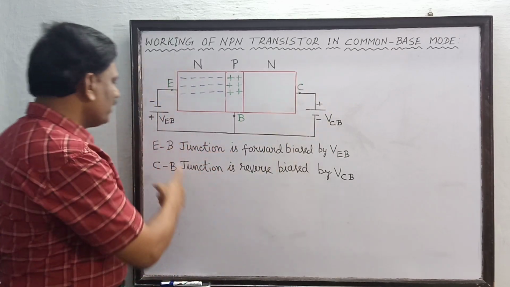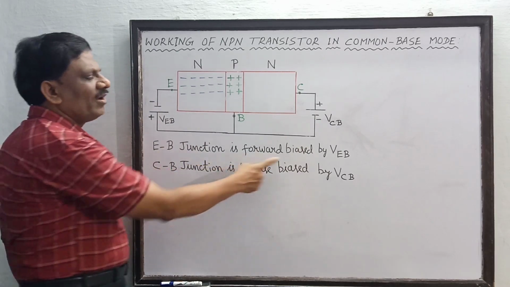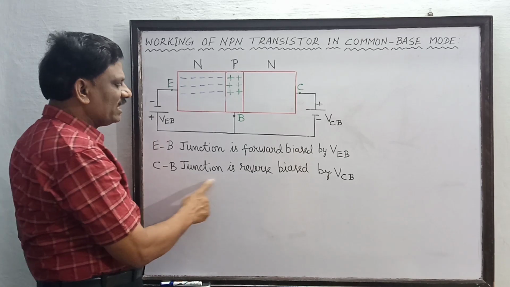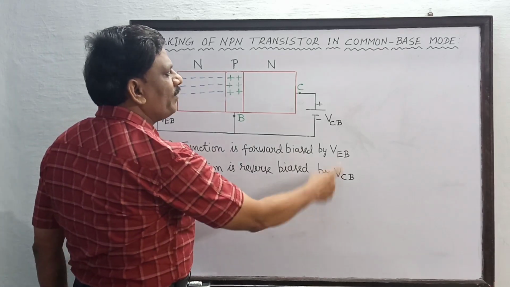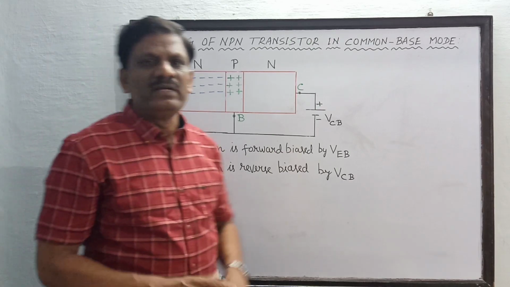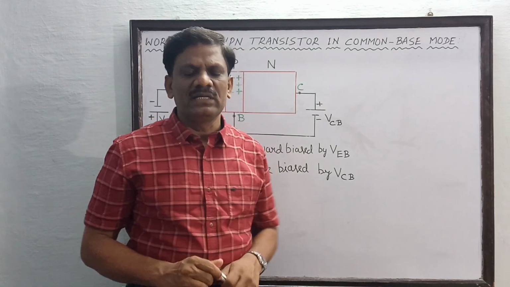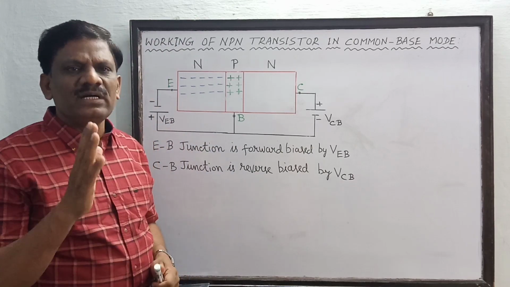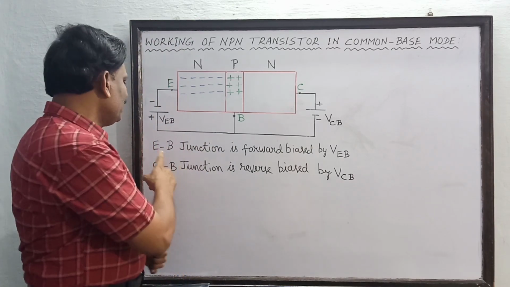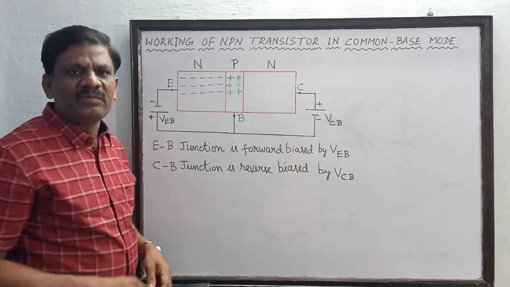So I have written here, emitter base junction is forward biased by the supply battery VEB and the collector base junction is reverse biased by the supply battery VCB. Now we are going to explain how it is working. Before that you should know that there are two PN junctions, namely the emitter base junction and the collector base junction.